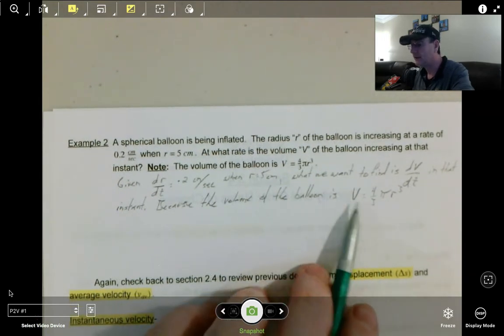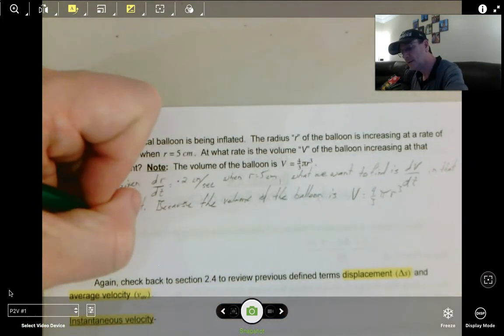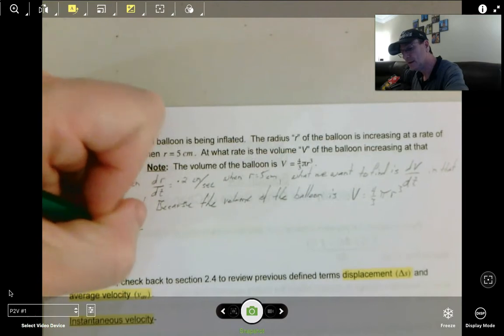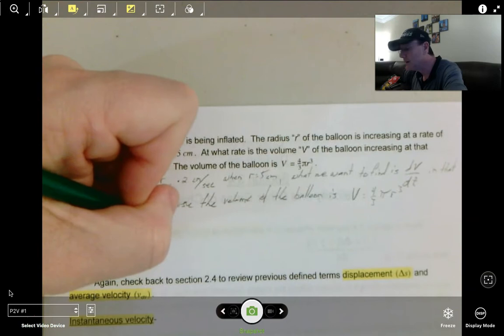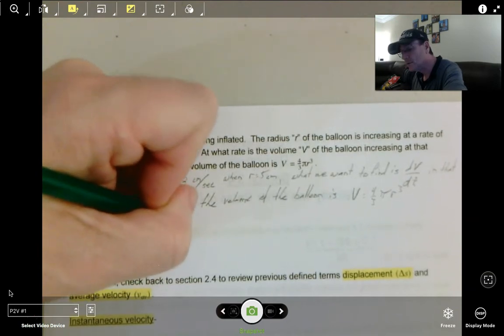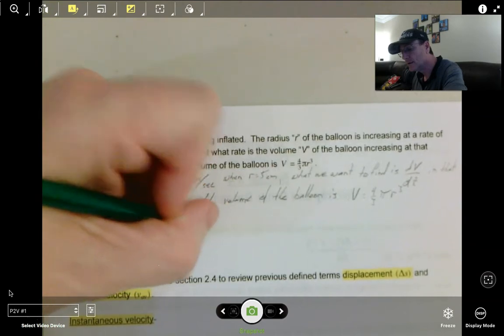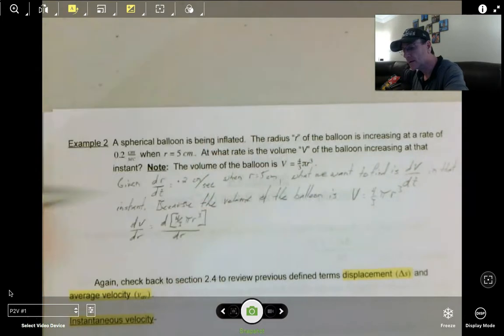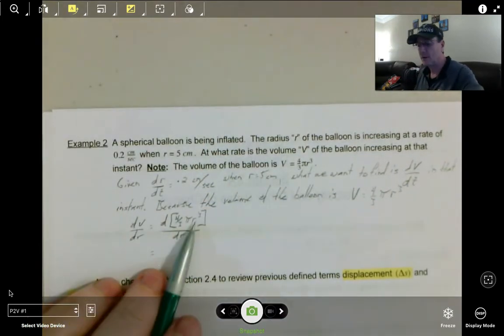So dV/dr, the derivative with respect to r, is equal to d/dr of 4/3 pi r cubed, which is equal to what? Well, this is a power rule.